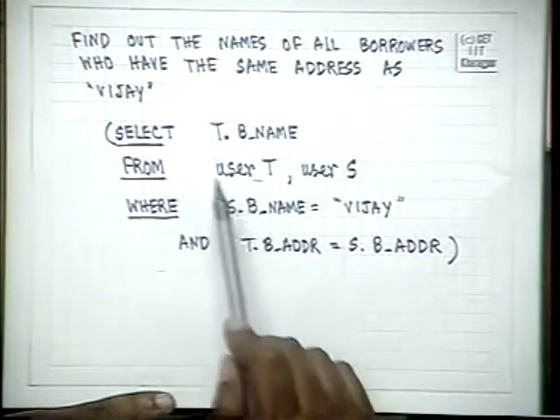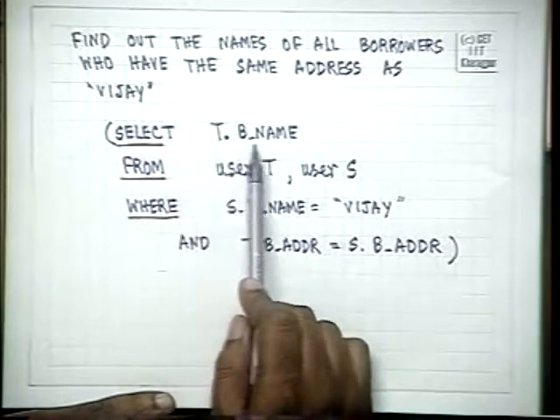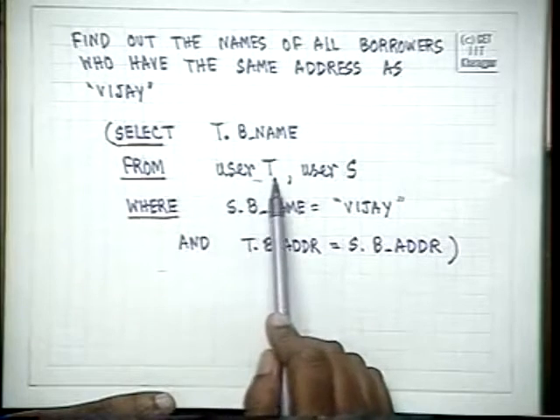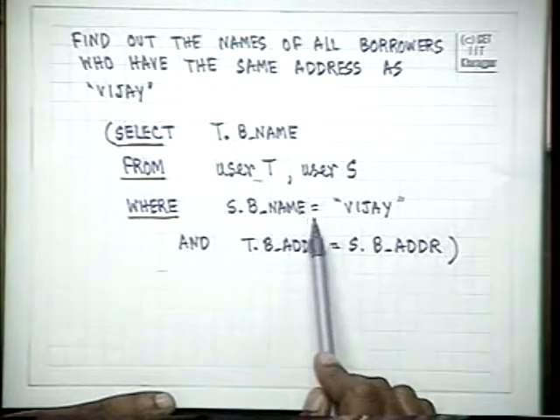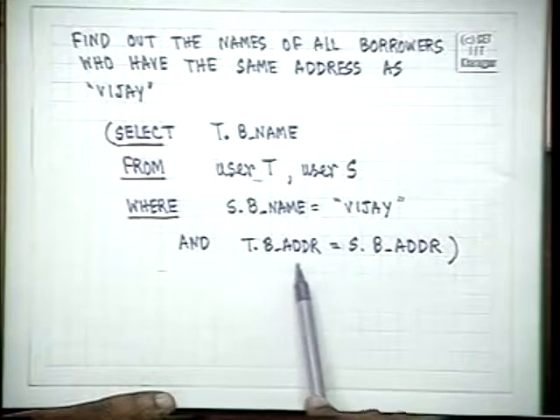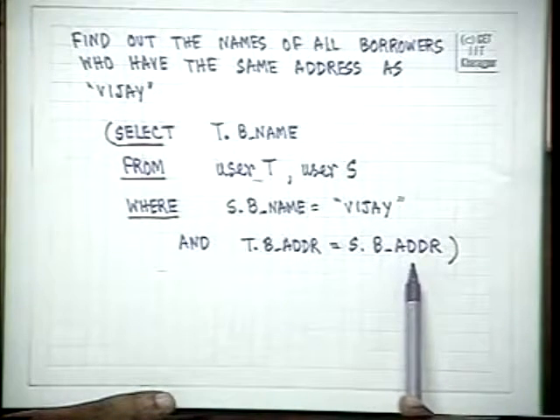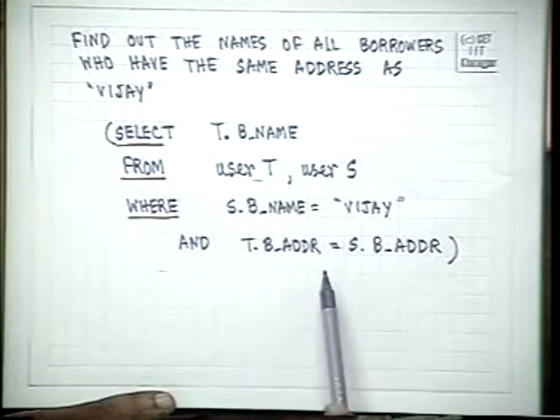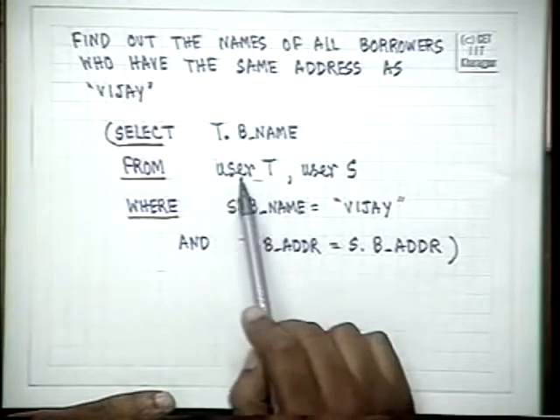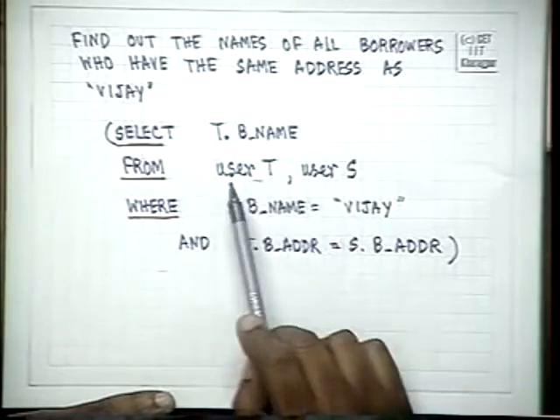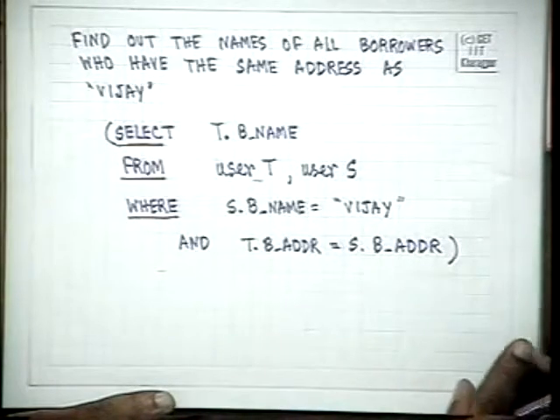And we solve the problem by saying select t dot borrower's name from user t and user s, where s dot borrower's name is Vijay and t dot borrower's address is equal to s dot borrower's address. This is how we solve the problem of renaming and doing a Cartesian product on the same relation.